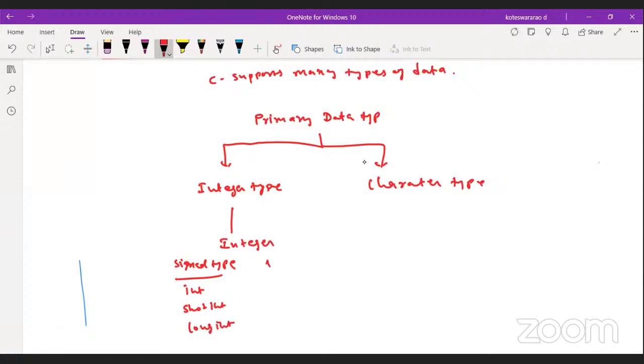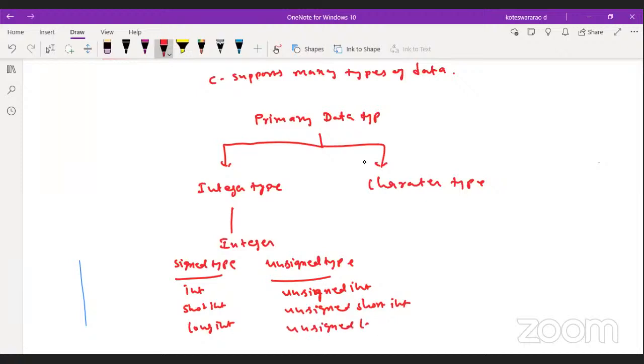Unsigned type: unsigned int, unsigned short int, unsigned long int.